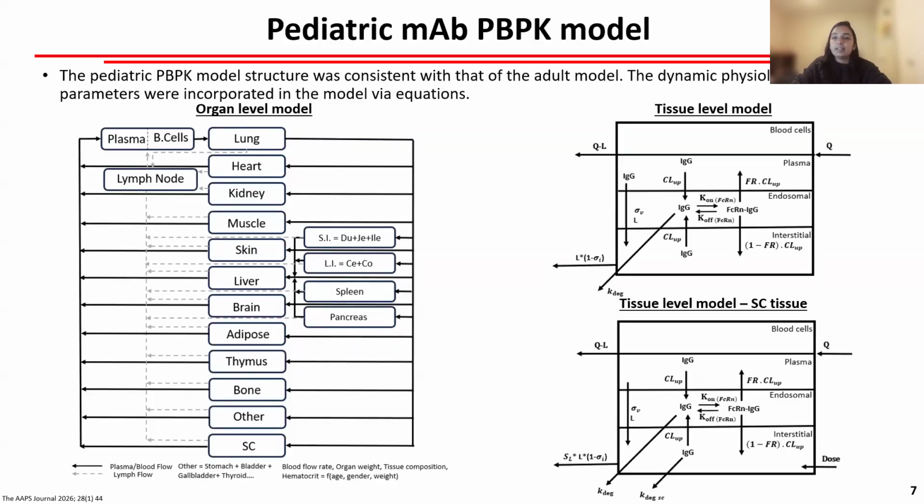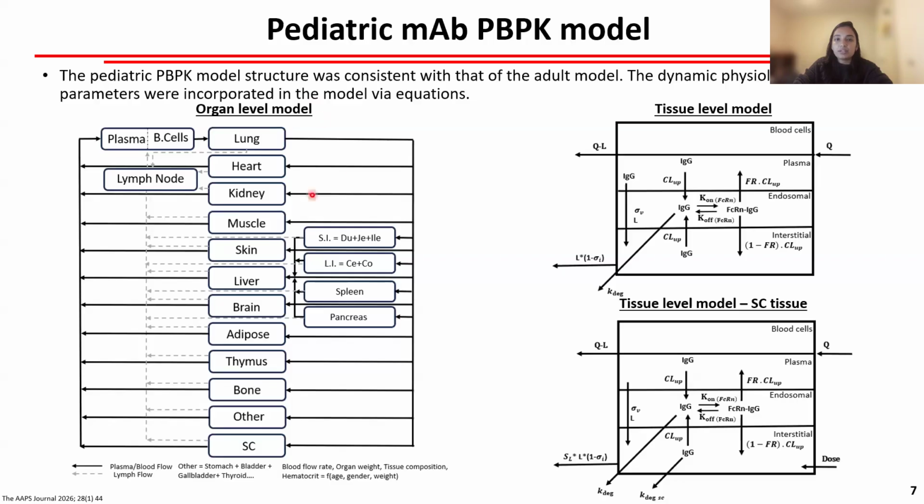In order to do that, our first step was to develop a mechanistic PBPK framework. The PBPK model structure that we used was consistent with the one that was used to characterize adult PK.